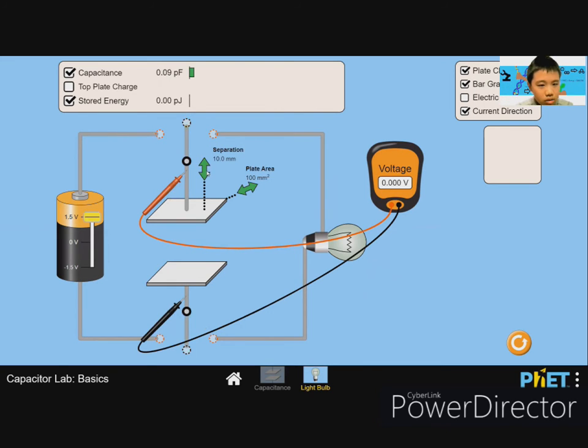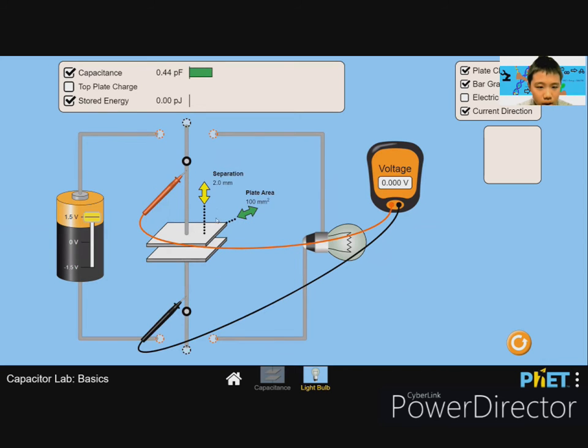Now, let's try a very small plate separation and a small plate area. Again, the voltage is 1.5 volts, and also the capacitance went to 4.44 picofarads, and the stored energy went to 0.5 picojoules.